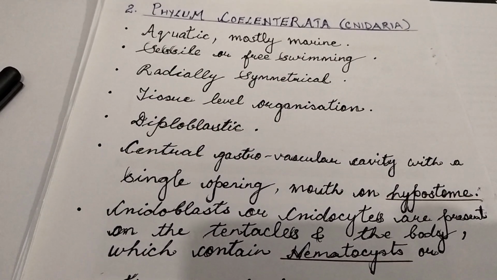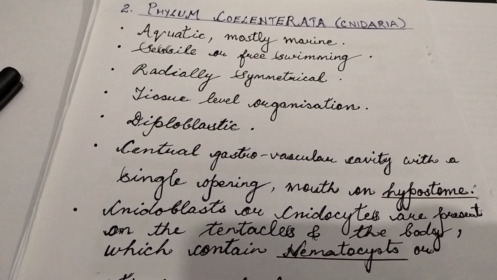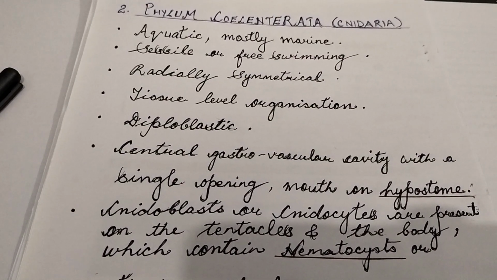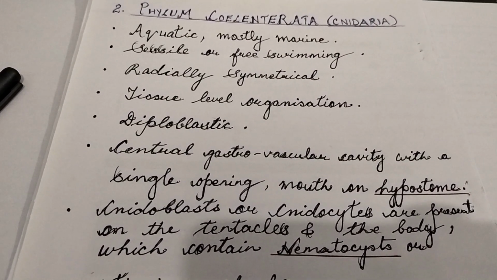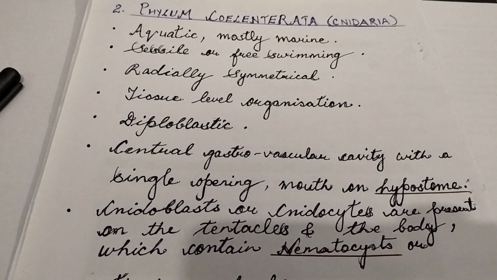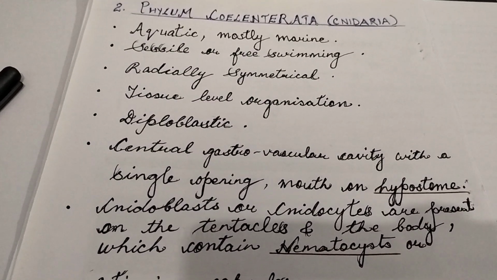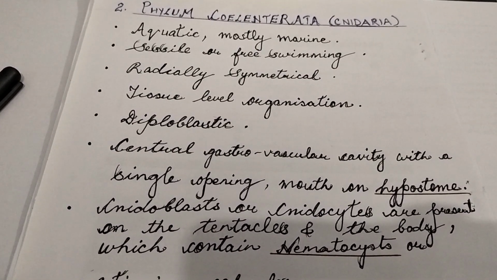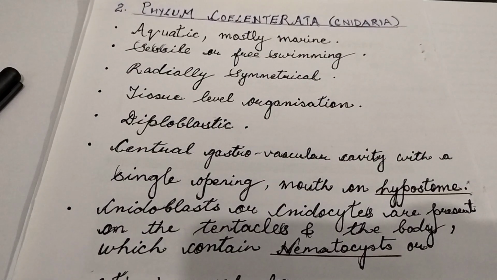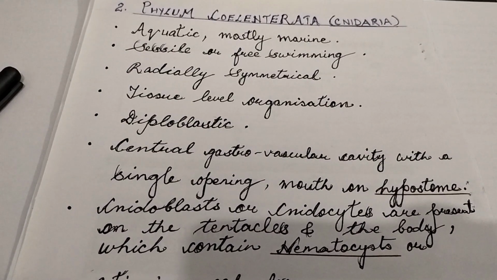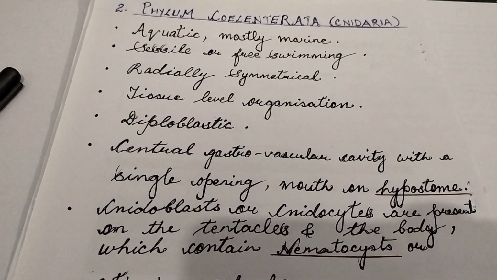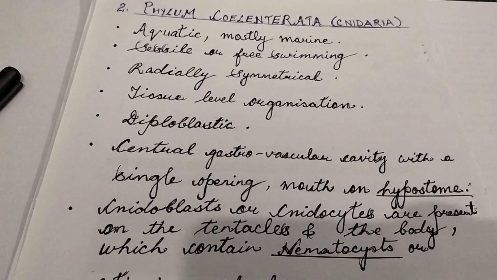Now see the specific character of coelenterates or cnidarians. There are some special types of cells present called cnidoblasts or cnidocytes. Cnidoblasts or cnidocytes are present on the tentacles. Cnidarians, coelenterates, possess tentacles. You all know tentacles. What will be their purpose?